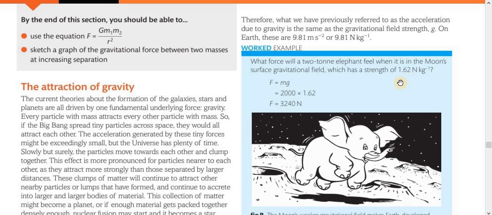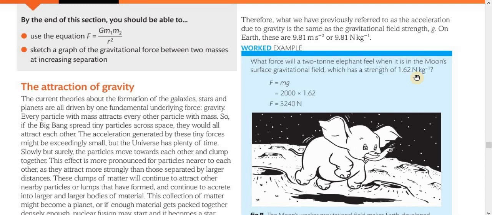So 9.81 meters per second squared means that for an object falling on the earth, if there was no air resistance, the speed will increase by 9.81 meters per second every second. But on the moon, the speed will increase for a falling object every second by 1.62 meters per second. That's what we mean by 1.62 meters per second squared.